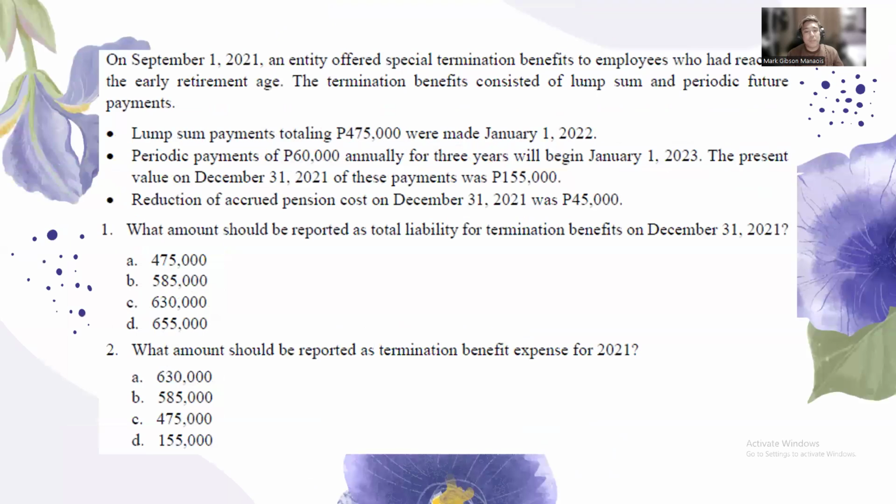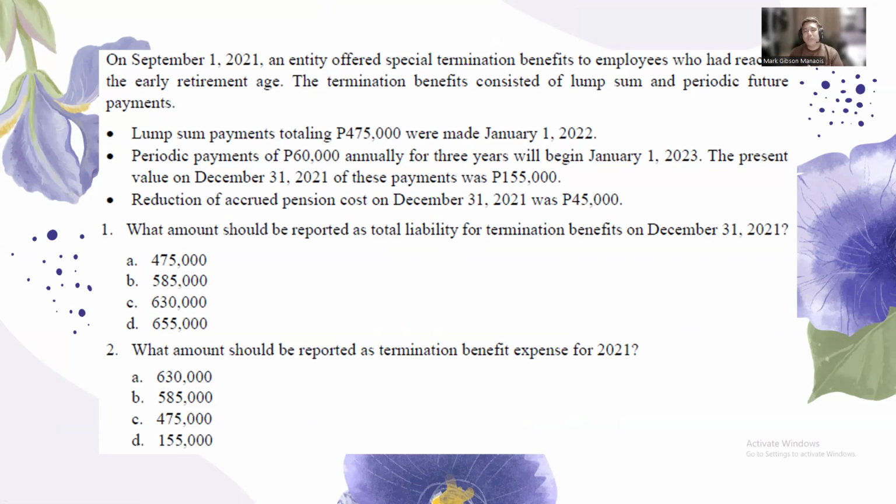So let's have another problem, just to understand it better. Let me read the requirements. What amount should be reported as total liability for termination benefits on December 31, 2021? What amount should be reported as termination benefit expense for 2021? On September 1, 2021, an entity offered special termination benefits to employees who had reached the early retirement age.